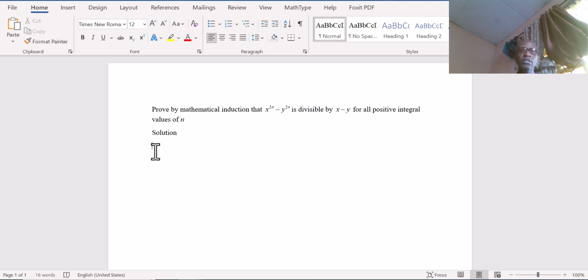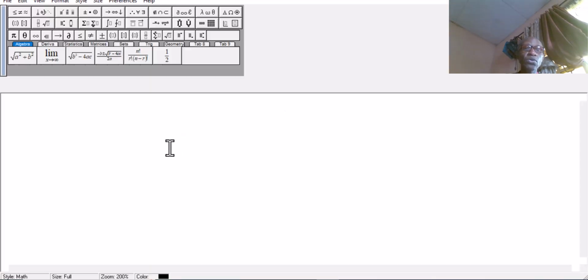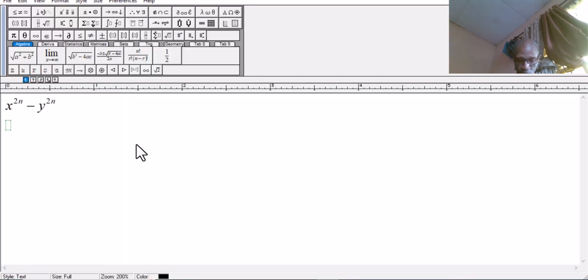So let's start. The first thing is to see whether this formula is valid for n equals 1. When n equals 1, we have x raised to 2 into 1 minus y raised to 2 into 1.